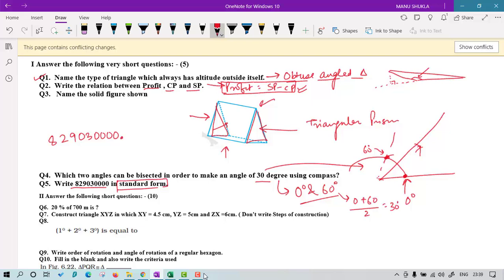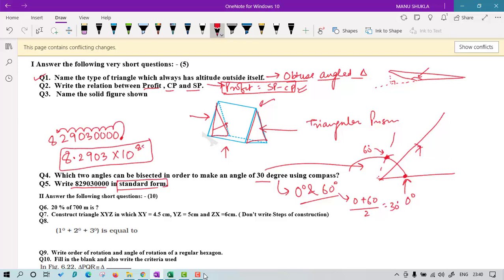You will keep a decimal at the end, and you will see how many places it is jumping: 1, 2, 3, 4, 5, 6, 7 and 8. So it has jumped 8 places to the left. So we can write this as 8.2903 multiplied with 10 to the power 8.